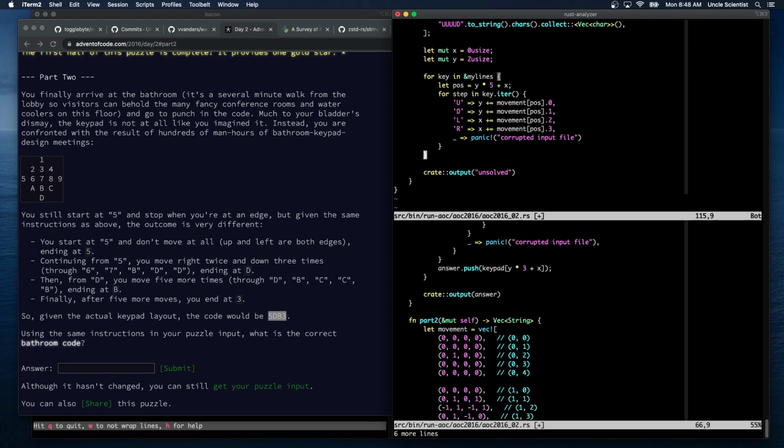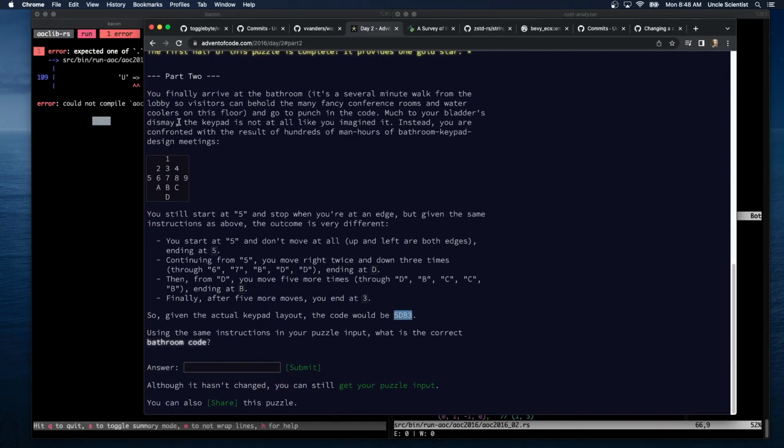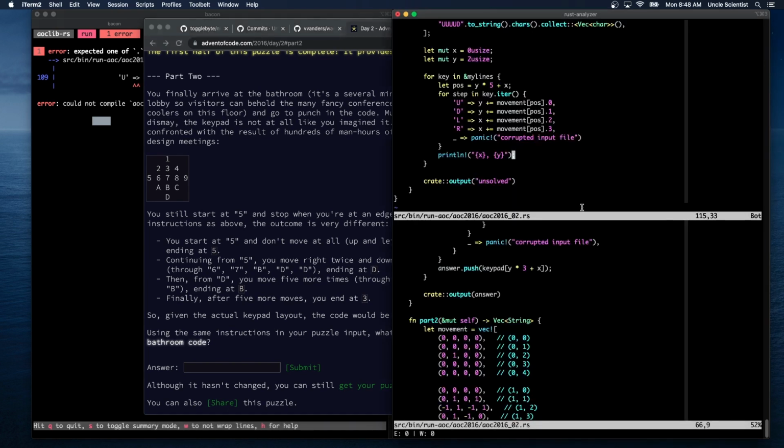And that should just do it, right? So after we're done with that, we should be able to say println, and let's just, since we're just doing it for this one, print out the XY coordinate, and then we can look it up and see if it's close. What did I fail here? Oh, I forgot the match statement. Duh.